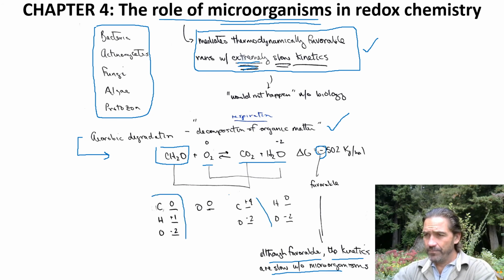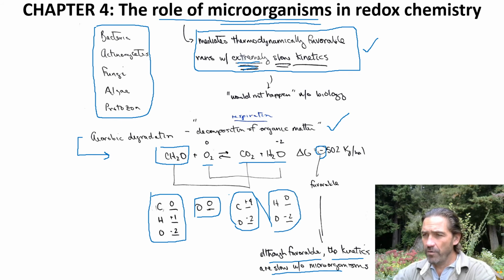And again, they have supplied a pathway in order for those reactants to turn to products. And so we can break down each reactant and product and look at the oxidation numbers and figure out what's going on. When we do so, we see that the carbon in the biomass has an oxidation number of 0, and it turns into a product of carbon dioxide that has an oxidation number of +4.